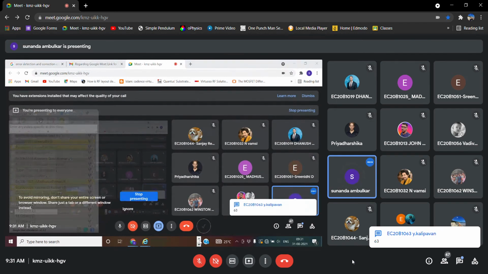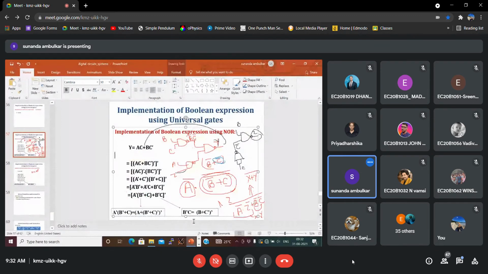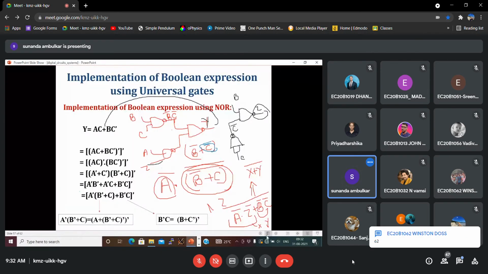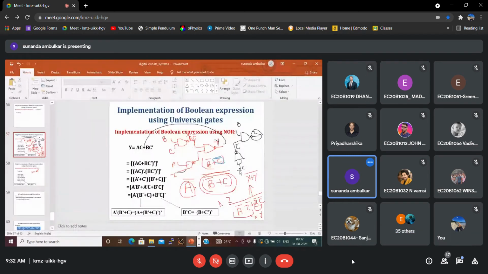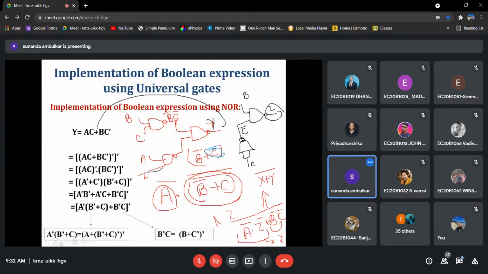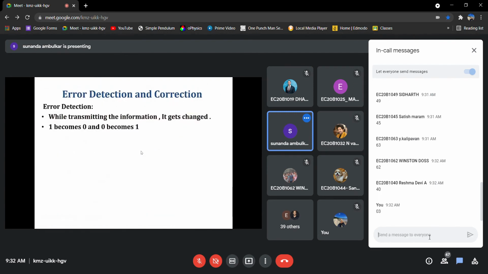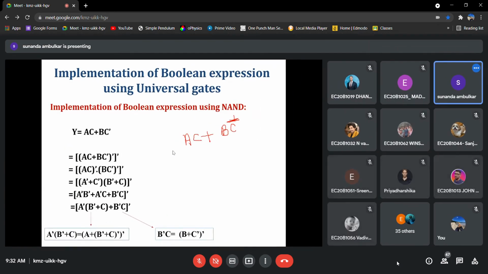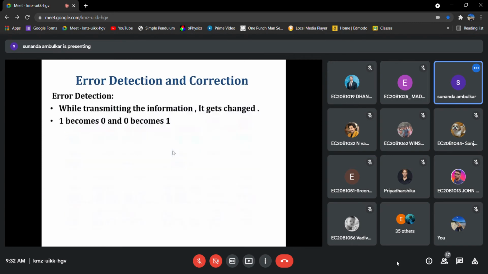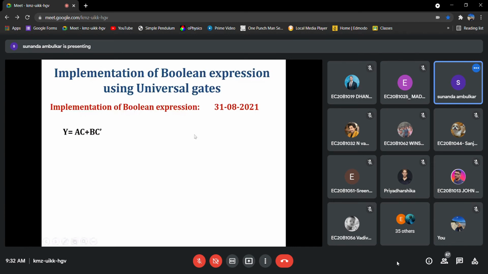See, AC plus BC dash. What we have to do?